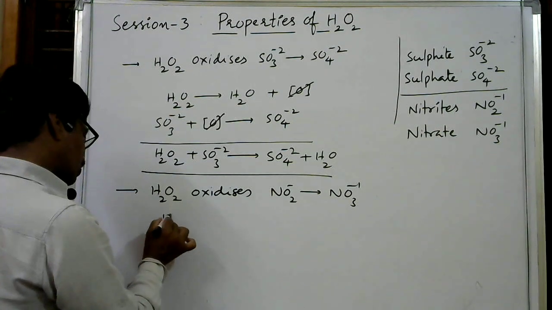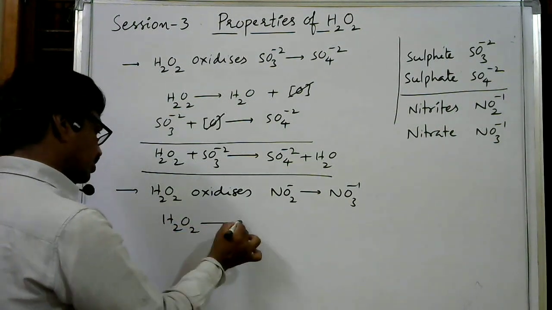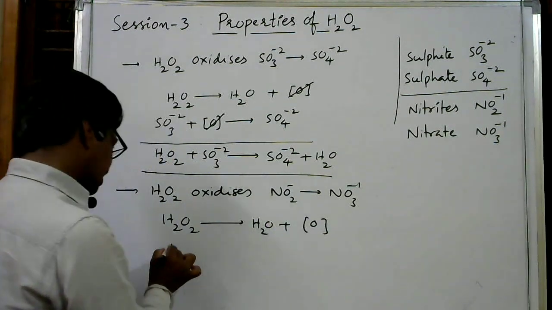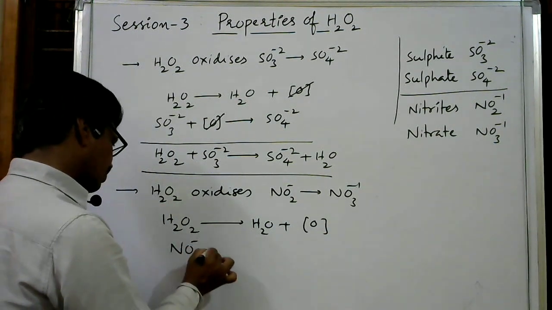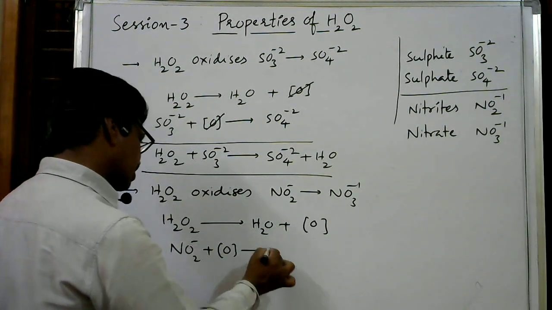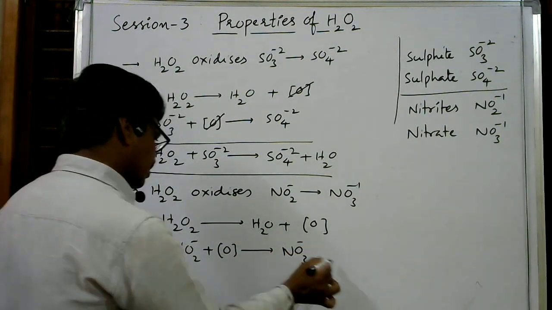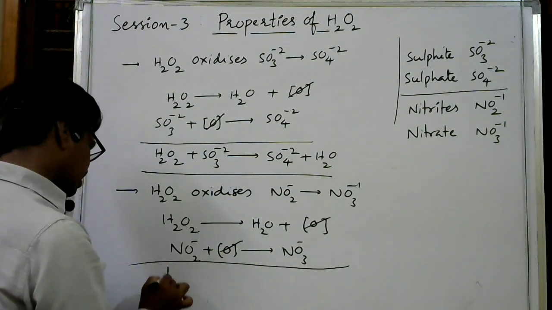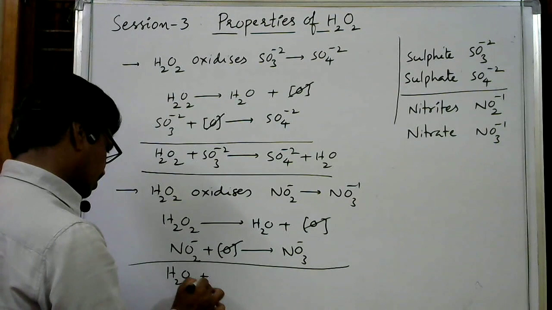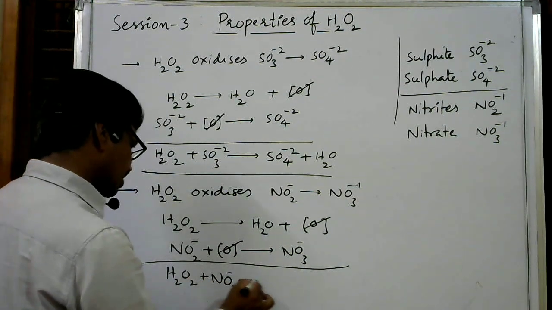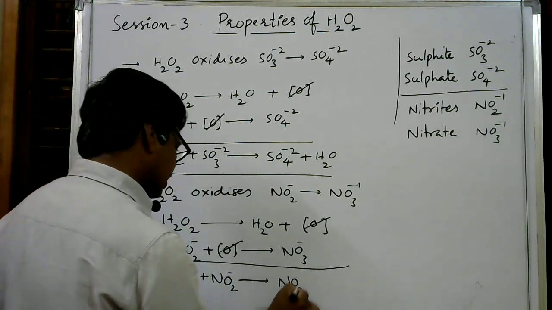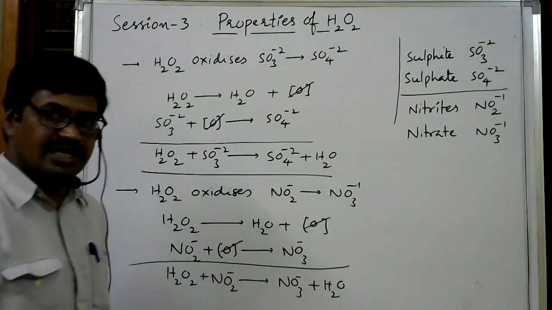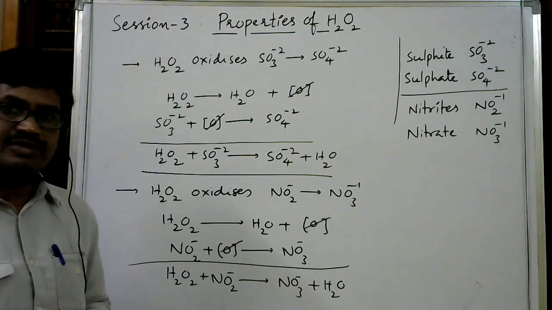Here H2O2 gives rise to H2O plus nascent oxygen, and here NO2 minus with nascent oxygen produces NO3 minus. Then in the total reaction the nascent oxygen gets cancelled. So H2O2 plus NO2 minus gives NO3 minus plus H2O. So these are the oxidizing properties of hydrogen peroxide.